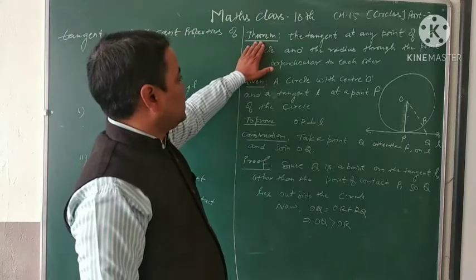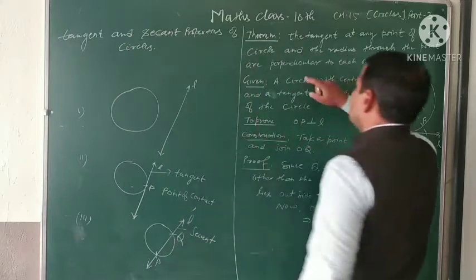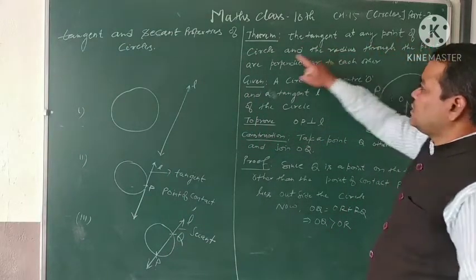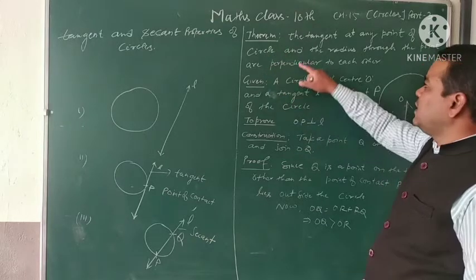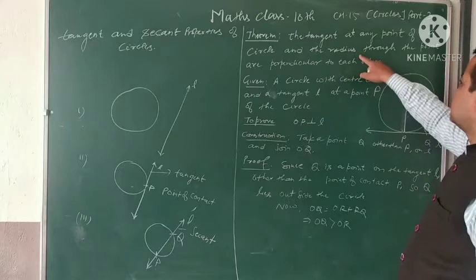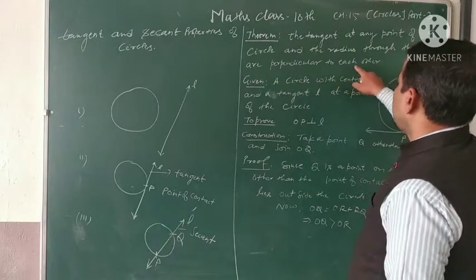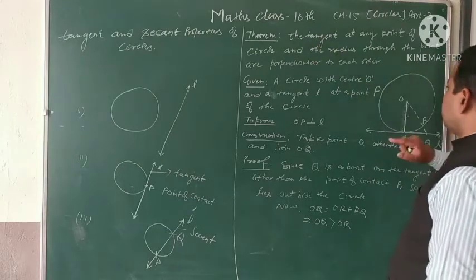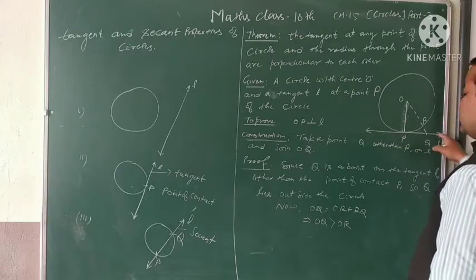to understand this theorem. The statement of the theorem is: the tangent at any point of a circle and the radius through the point are perpendicular to each other. It means we take a circle and a line which is a tangent.